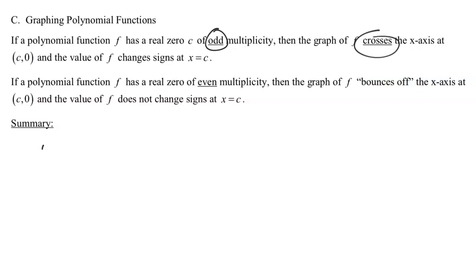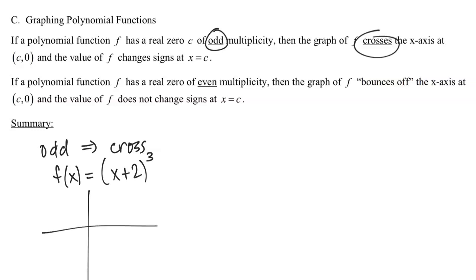So maybe a picture would help. If I have an odd multiplicity, this means that the graph is actually going to cross at that particular x value. So let's just say that I have a polynomial that looks like x plus 2 raised to the 3rd power, which would have an odd multiplicity.